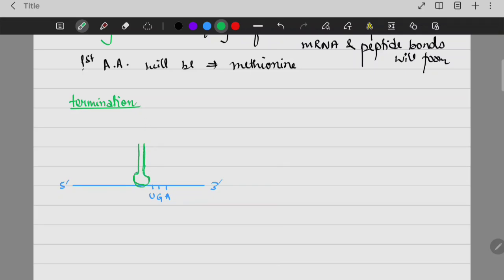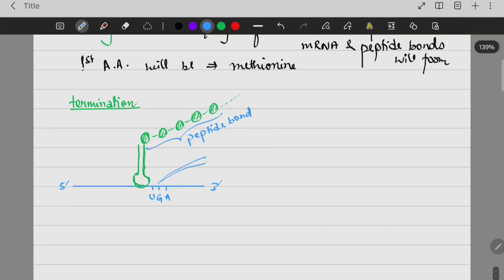Okay, and the final amino acid is bound here, and the other peptide forms like something like this, and it goes on prolonged. So finally this one is the peptide bond, and these are the stop codon. So finally the termination takes place when these codons come.